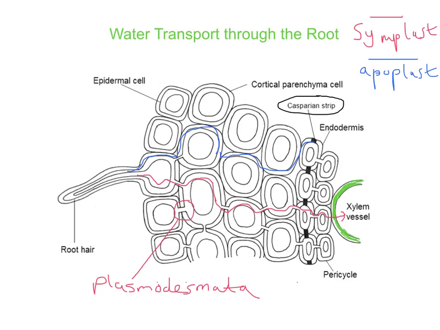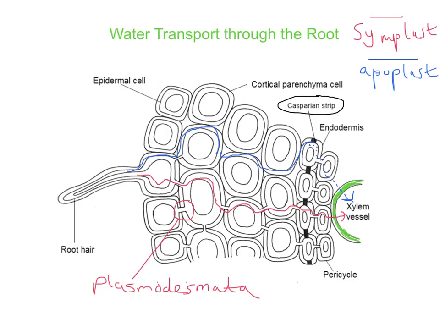Now, once it meets that Casparian strip, it has to, as a result, then go through the Symplast method. So once the water meets this sort of blockade, if you like, it then is forced to go down the Symplast pathway.